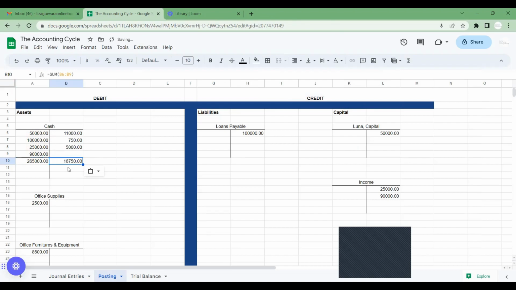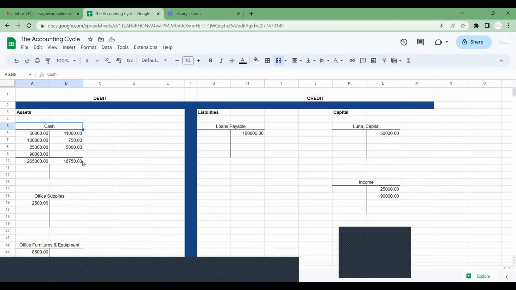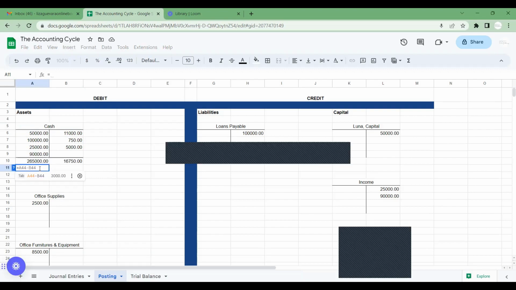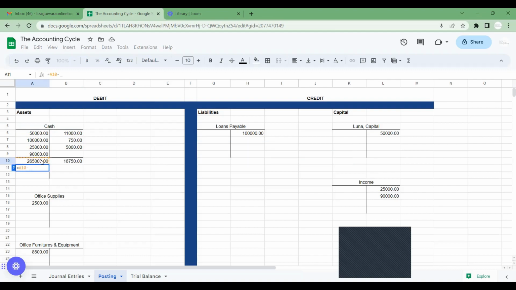So if an account has a debit and credit balance, you should get the difference to get the balance of that account at the end of the month. So let me try this one. So that would be this one minus the credit side. So the balance of your cash account is this one.